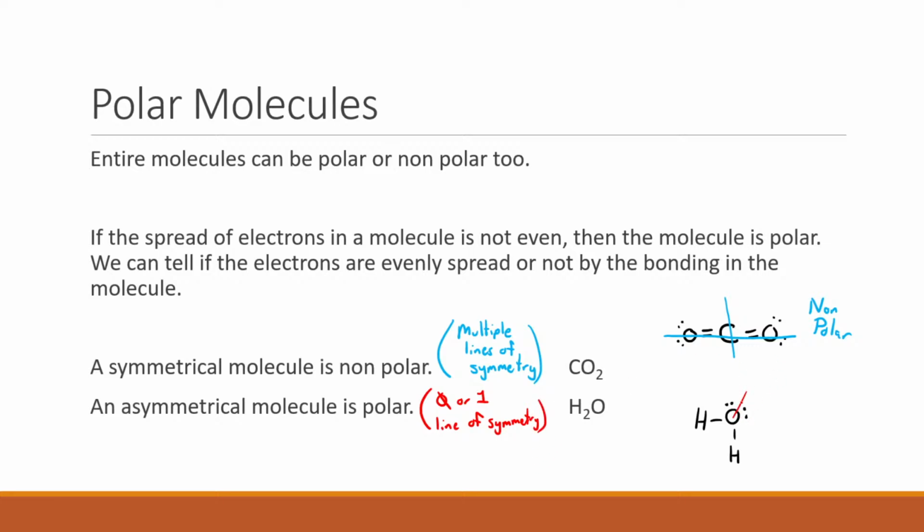Water has only one line of symmetry, this diagonal line through the middle here. There are no other lines of symmetry in water because there is only one. That makes this a polar molecule.